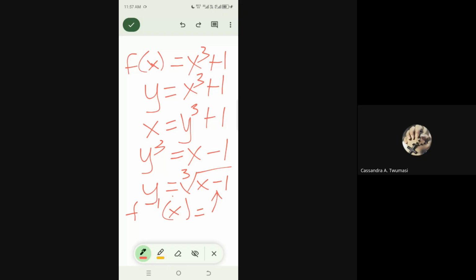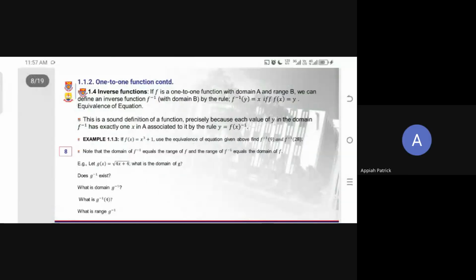Okay. And the next one is asking us to find f inverse of 28. What are we getting for that one too? That one is 3. That's very good.